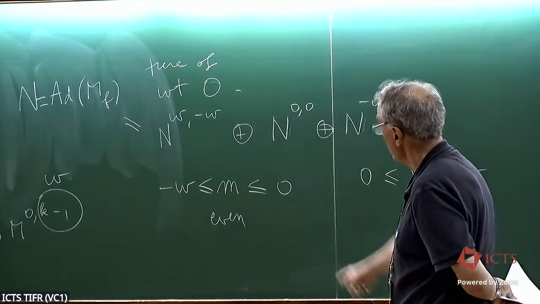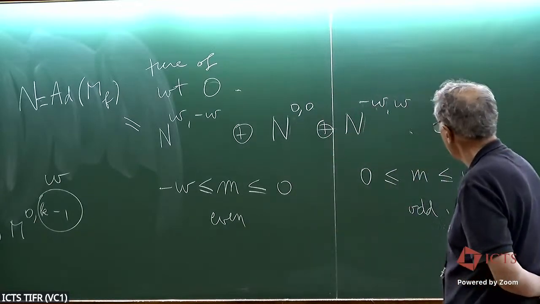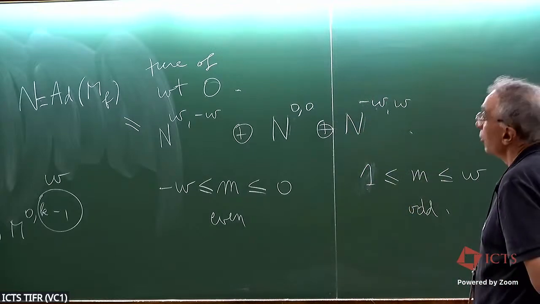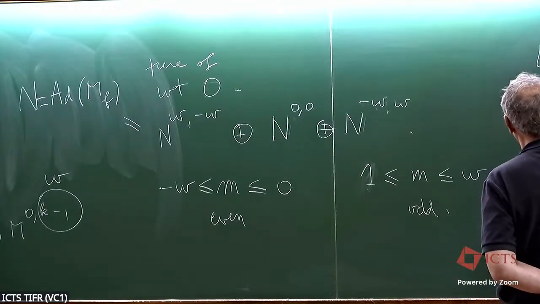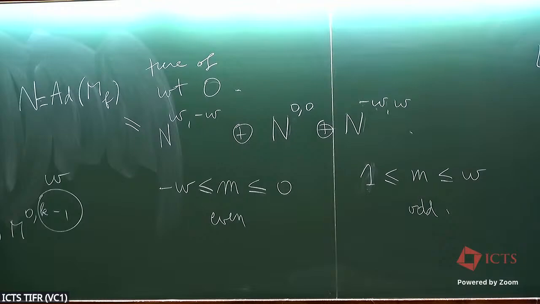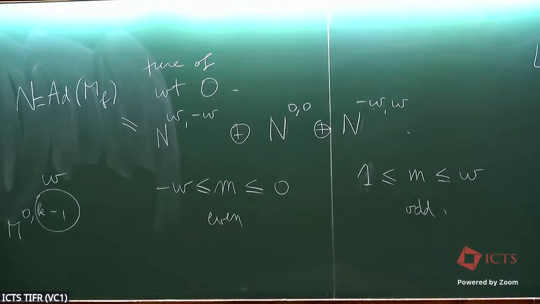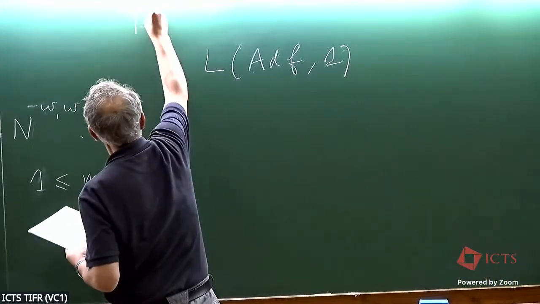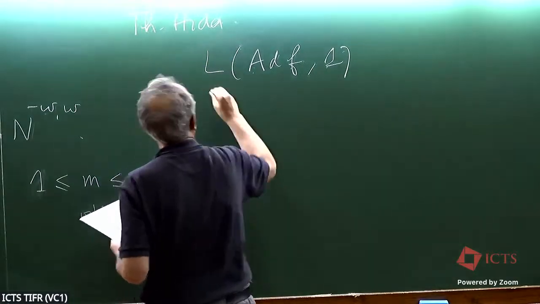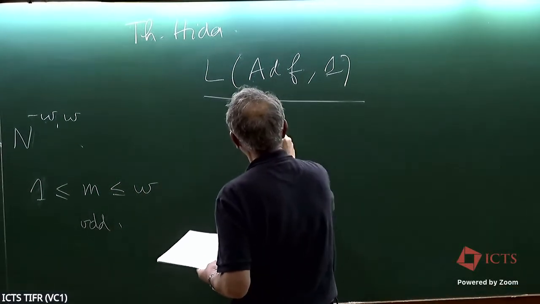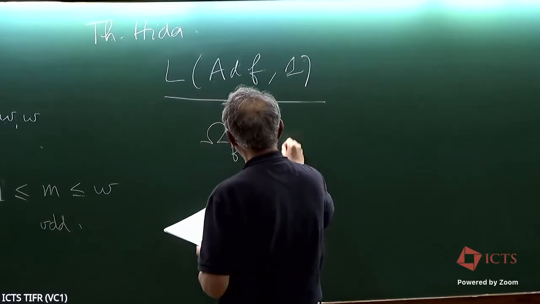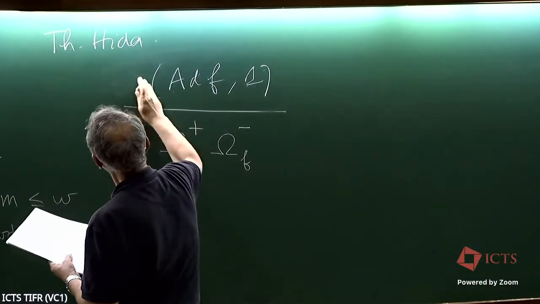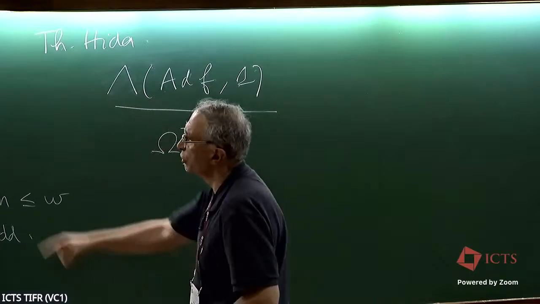In particular, 0 is critical and 1 is critical. We are especially interested in this value, which is critical. And the theorem of Hida is that if you divide this by the Manin periods, the product of the two Manin periods, and of course you have to complete by the Euler factors at infinity, which are these L infinity.